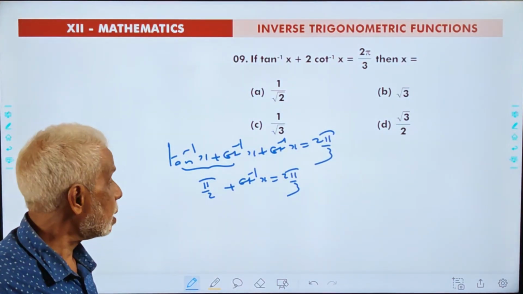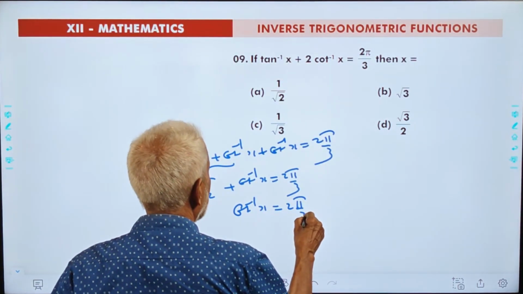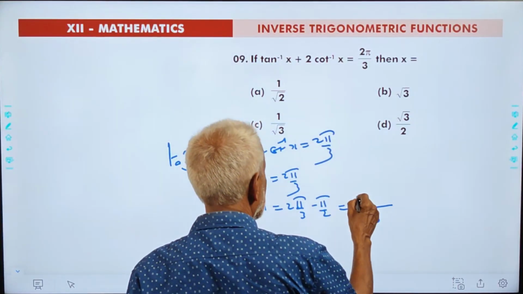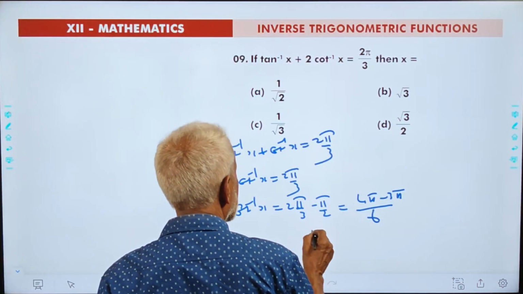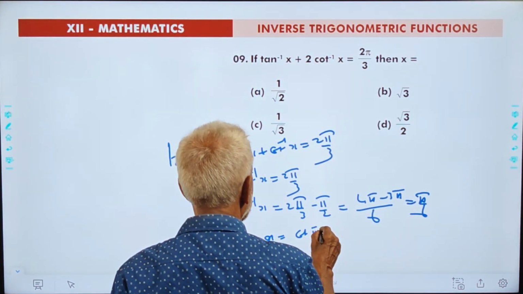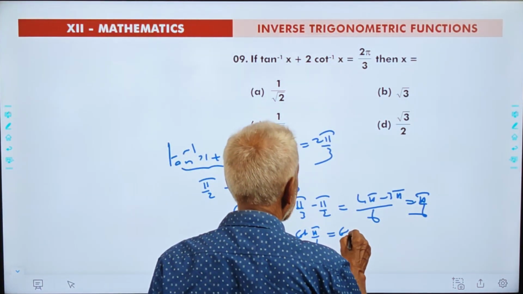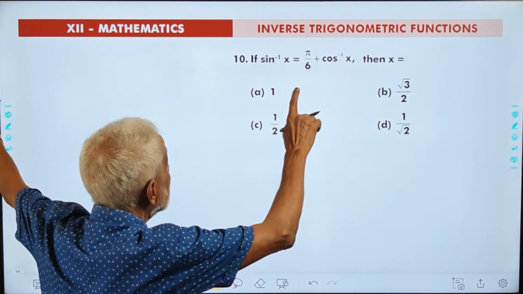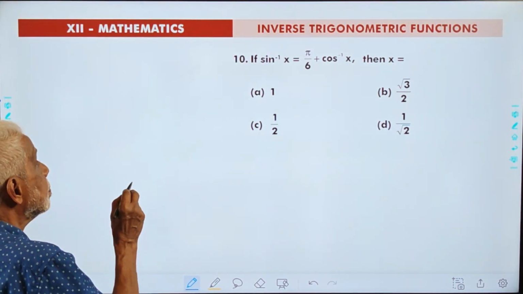Hence, cot inverse x is equal to 2 pi by 3 minus pi by 2, which is equal to, taking 6 as LCM, 4 pi minus 3 pi by 6, equal to pi by 6. Cot inverse x is equal to pi by 6. Therefore, x is equal to cot pi by 6, cot 30 degree. Cot 30 degree is equal to root 3. Correct choice, B choice.